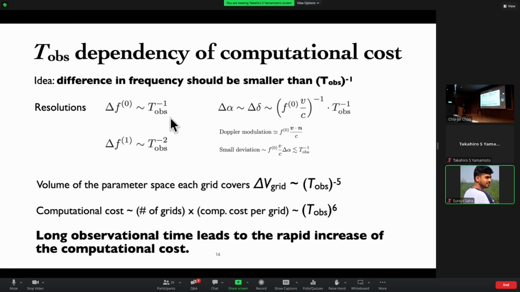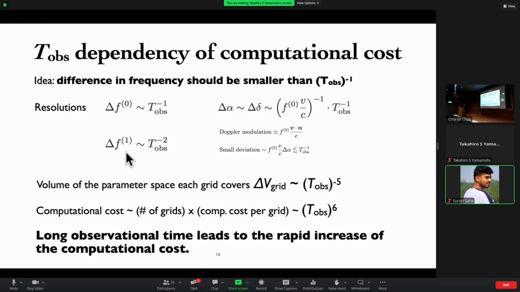The resolution in f0 is nothing but the frequency resolution, so it is naturally the inverse of T observation. And for f1, the frequency change rate, the resolution should be the inverse of T observation squared. This is because the frequency change due to a difference in f1 is delta f1 times T observation, and this should be smaller than the inverse of T observation.